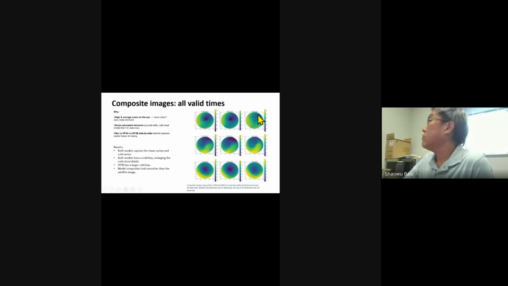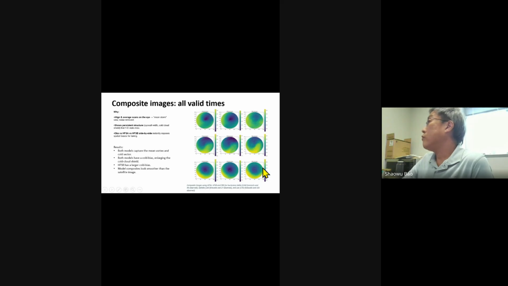We can see it in the observation. And for Hurricane Ophelia, the cold areas are on the north and the northwest, which is consistent with the observation. And for Hurricane Lee, it's most symmetric. The vortex structure is the most symmetric for both the models and the observation.